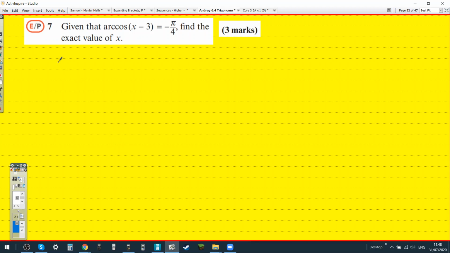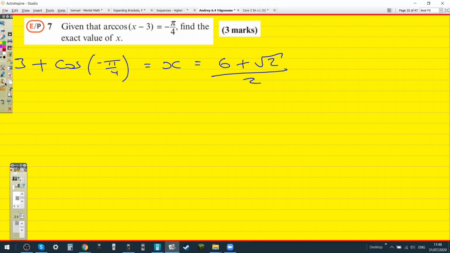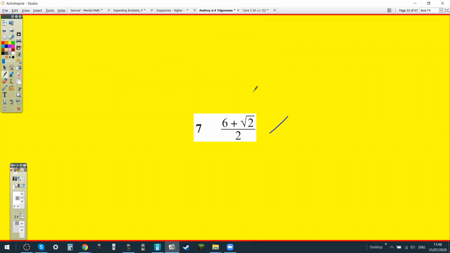Yep. And I got 6 plus root 2 over 2. Great.